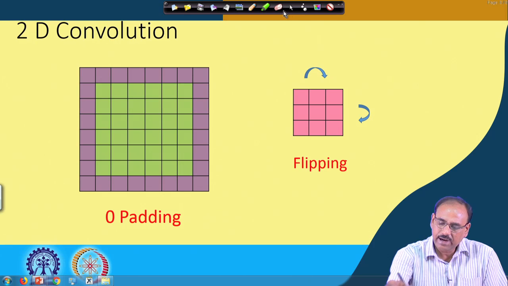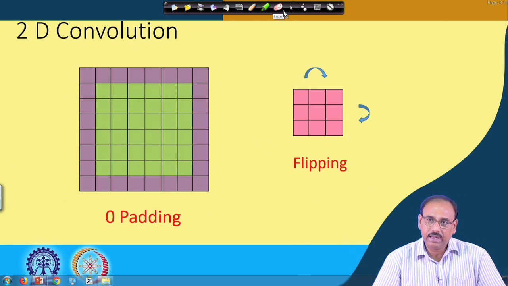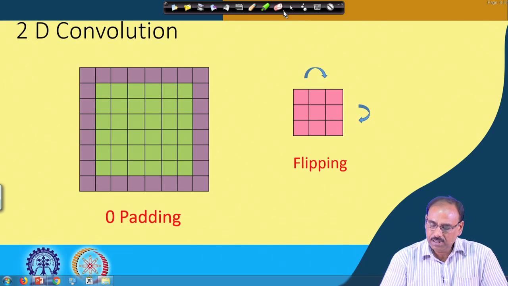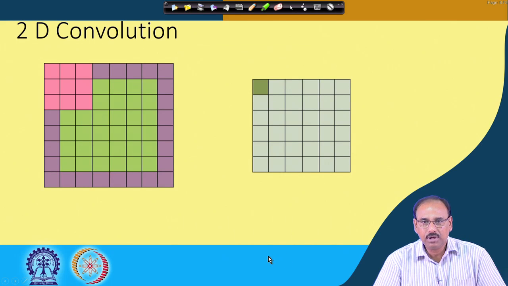Similarly, for the kernel also, we have to flip the kernel both vertically and horizontally, around the vertical direction and around the horizontal direction. After flipping this 2-dimensional kernel, we go for computation of the convolution. After flipping, you place your kernel on the pixel location 0, 0, multiply every kernel coefficient with the corresponding pixel in the input image, and sum them together.